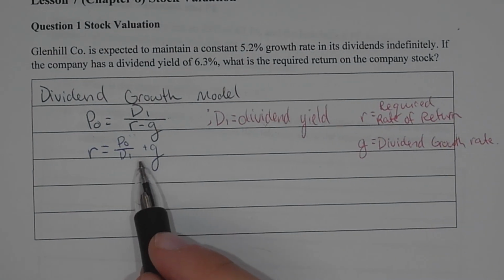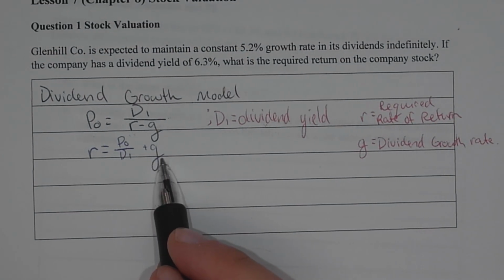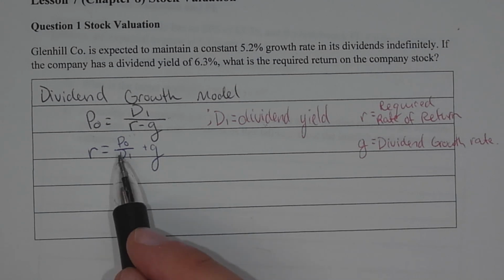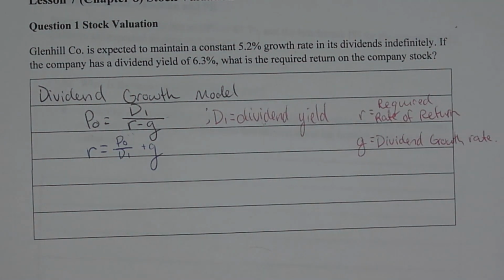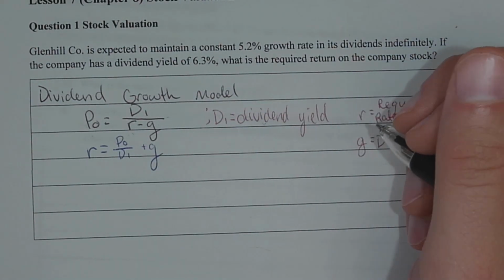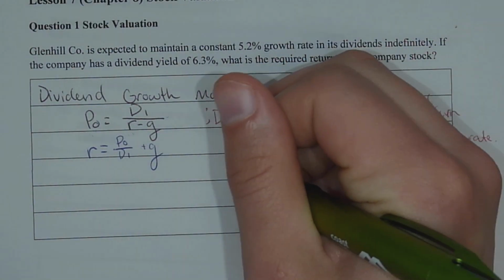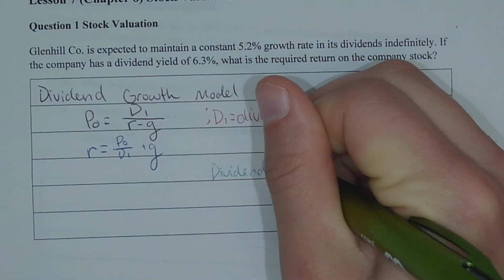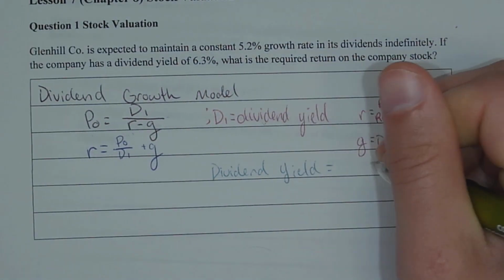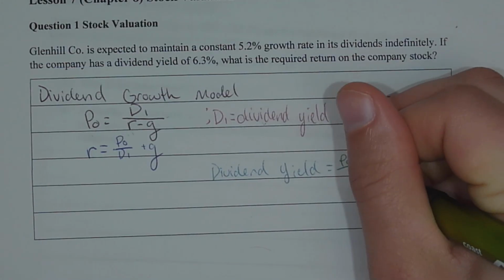So now, like I said, we know our growth rate, but we don't have this. But what's interesting about P0 equals D1 is a dividend yield is actually equal to D1 / P0.